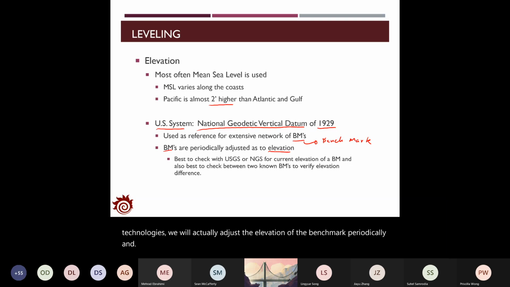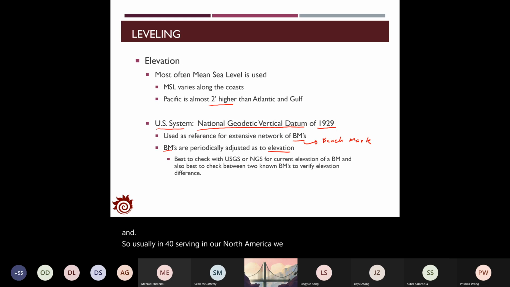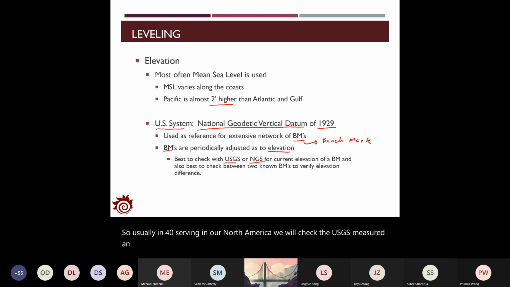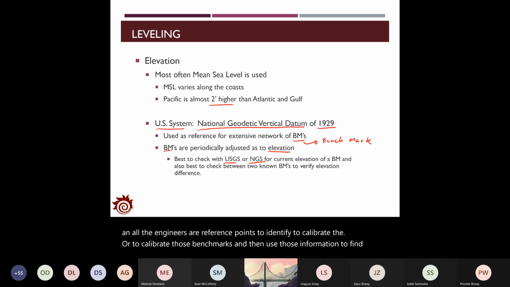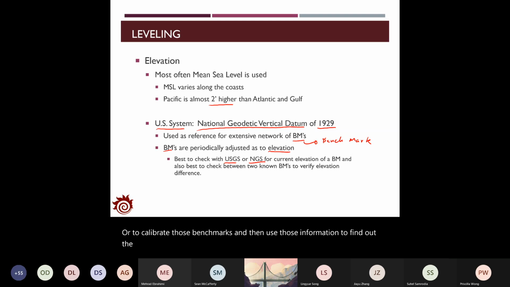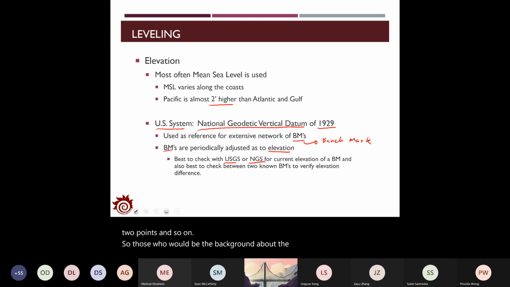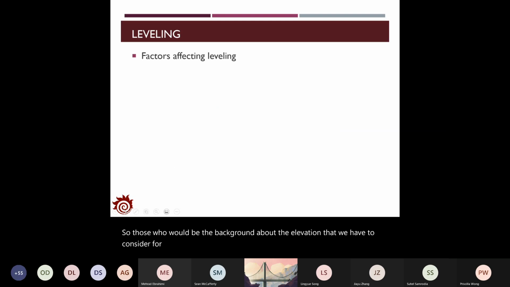So usually for surveying in North America, we will check the USGS method and the NGS reference points to calibrate those benchmarks, and then use that information to find out the elevations of the other points, or to estimate the vertical distance between 2 points, and so on. So those would be the background about the elevation that we have to consider for the vertical distance measurement.